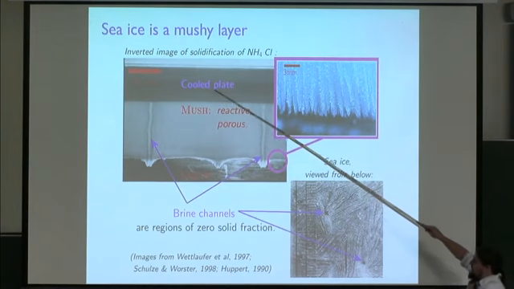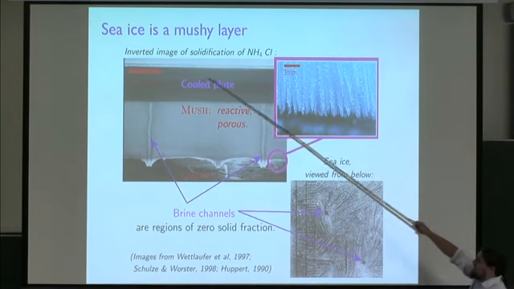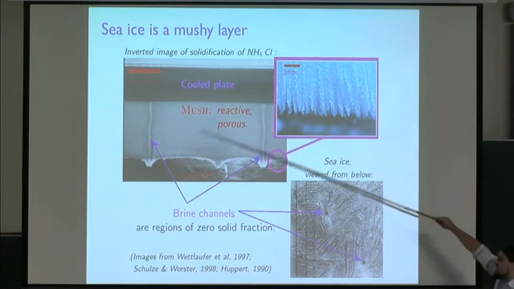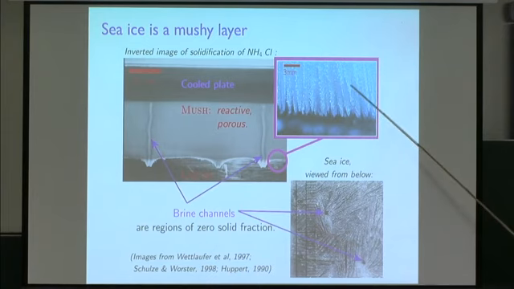If you cool this suspension, so if you imagine sea ice growing where you've cooled from the top and your ice layer is growing downwards, you develop this reactive porous material.